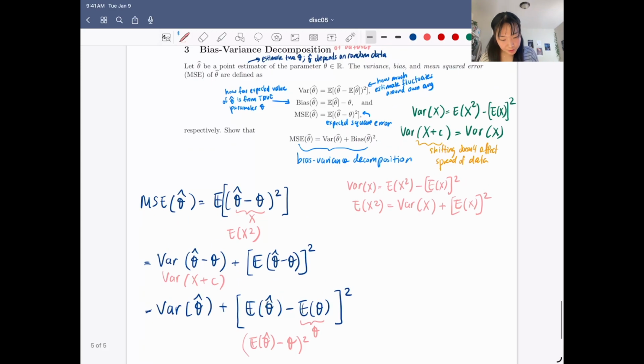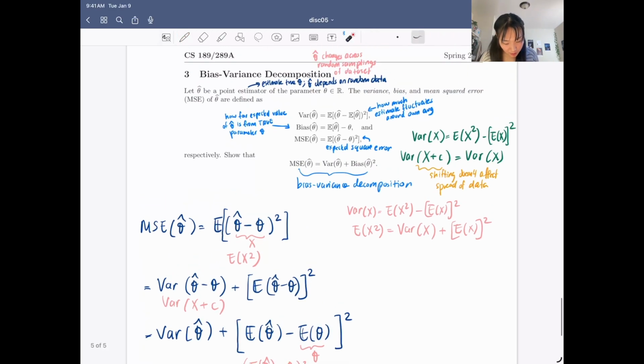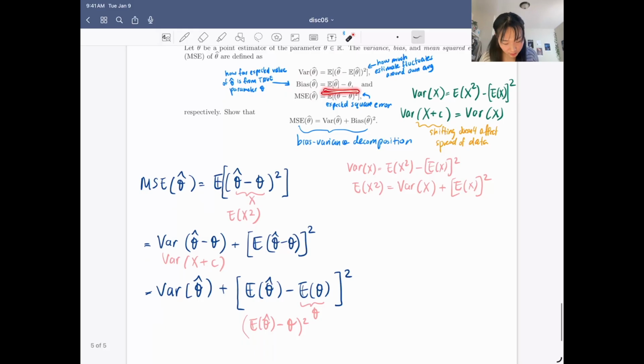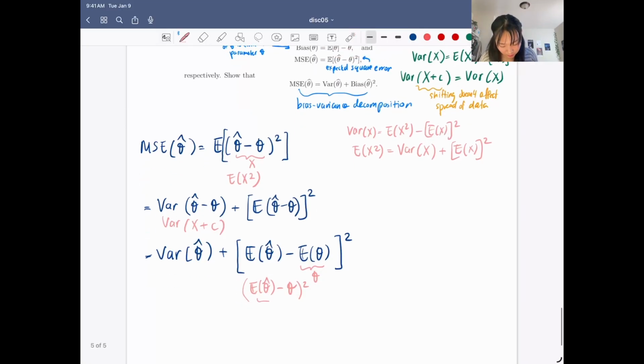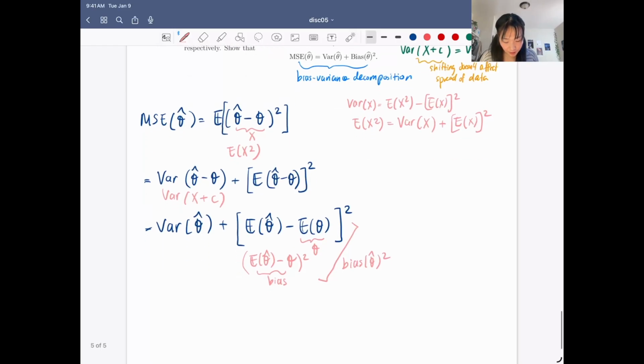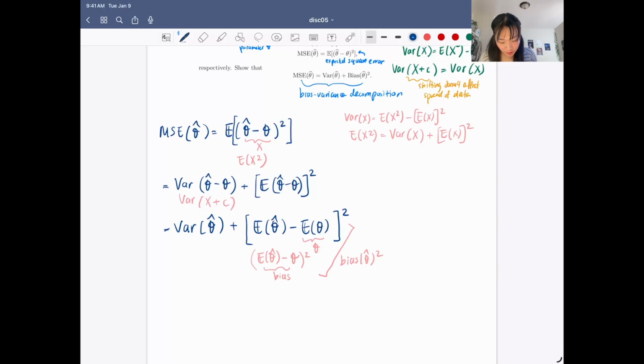And if you notice in our equations up here, the bias is defined as E of theta hat minus theta. They're literally the same. So this interior is just the bias, and this whole thing right here is the bias of theta hat, squared. Therefore, we've just shown that our mean squared error is equivalent to the variance of theta hat plus the bias of theta hat squared.